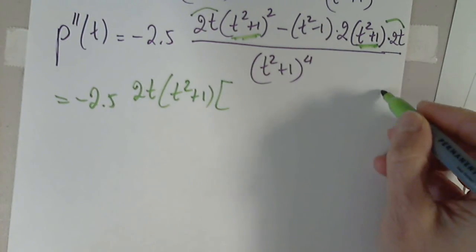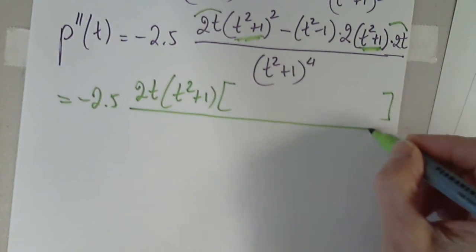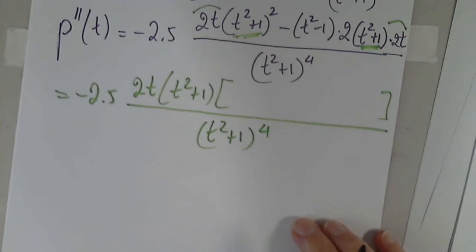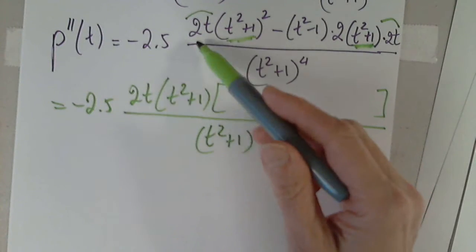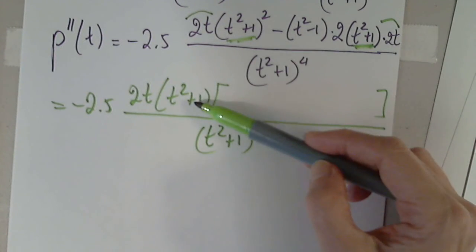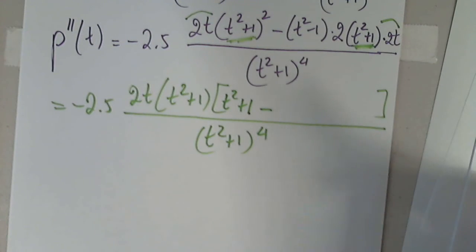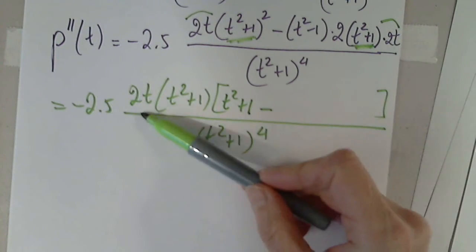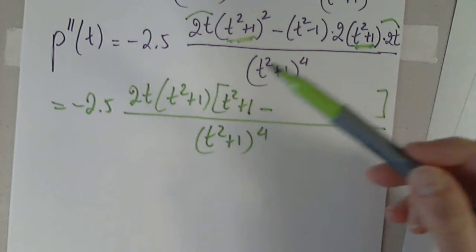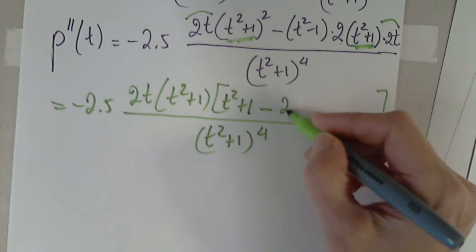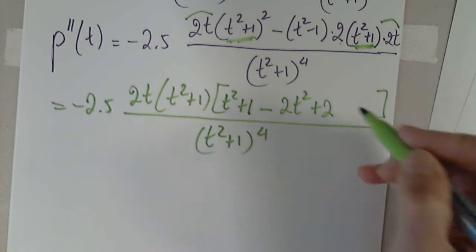And now let's see what is left. Two is out, T is out. From these two, I took out one, so one of them is still left inside, minus. 2T is out, T squared plus 1 is out. What is left is a 2 times this. So negative 2T squared plus 2.